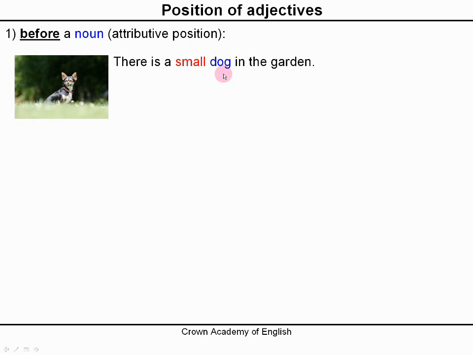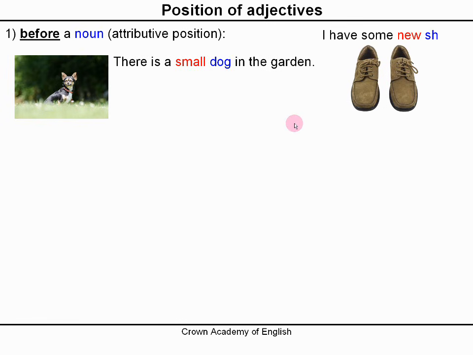So dog is the noun, and the adjective small is before the noun. I have some new shoes. So the adjective new is before the noun shoes.